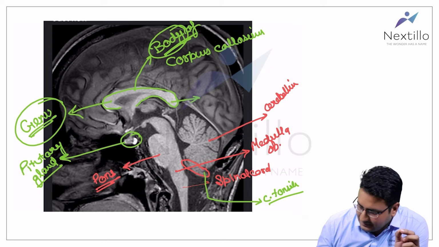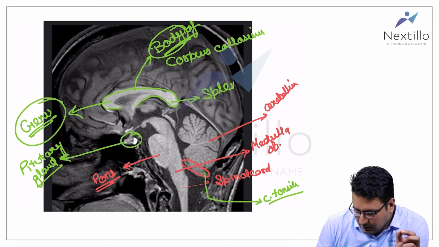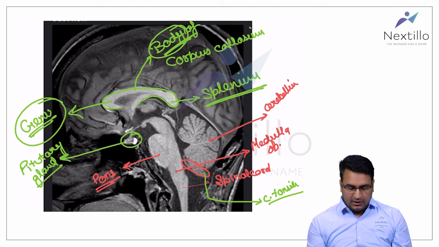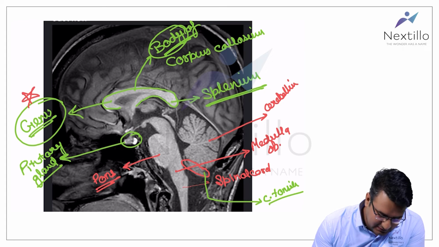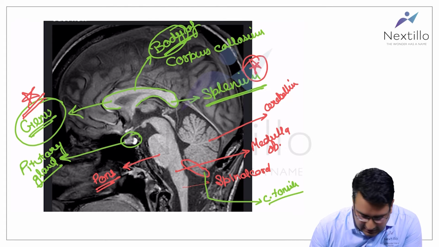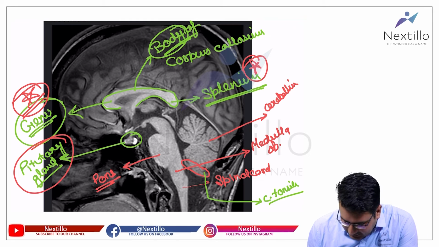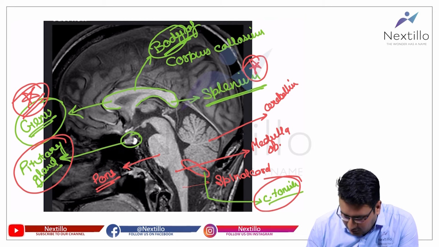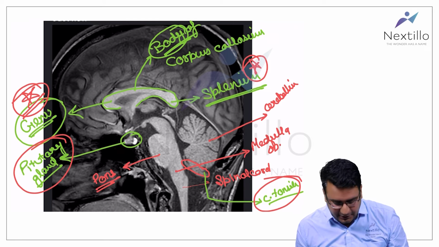And this part is splenium. Understood? Among these, kindly mark it as a star: splenium is frequently asked. Genu is frequently asked. Pituitary is frequently asked. And cerebellar tonsils is also frequently asked. So, remember this.